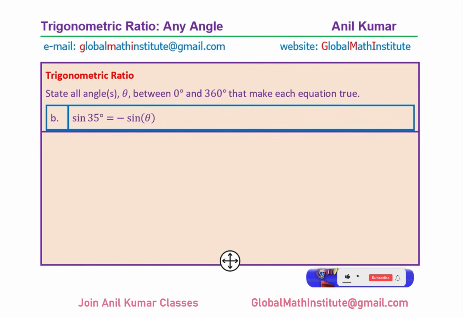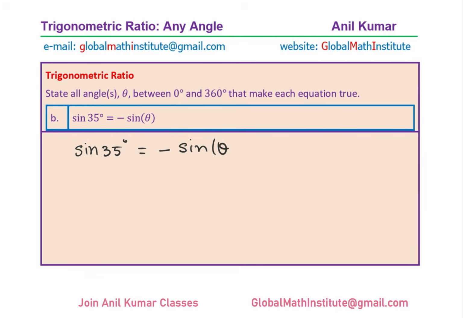Now let's look into question number 2. Here we have sine of 35 degrees is equal to minus of sine of some angle theta. Now when we say minus of some angle theta, that means we are looking for a negative answer, right? So once again, let me put the cast rule very clearly here.